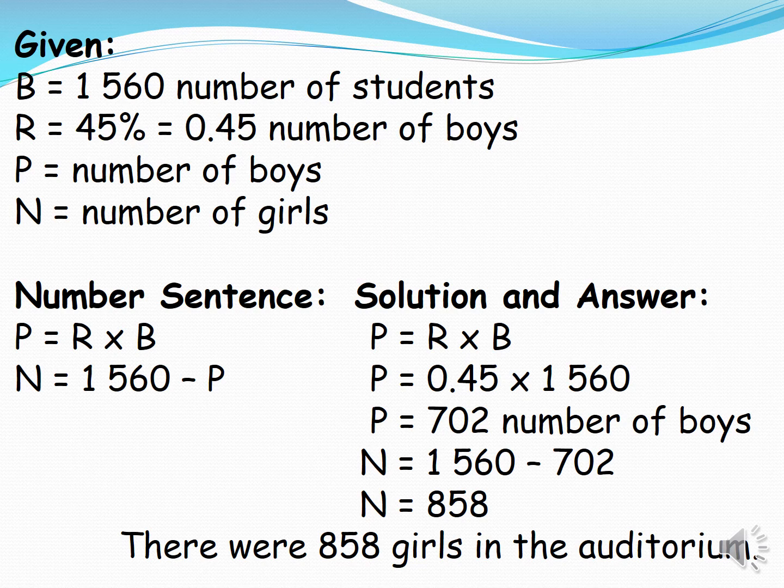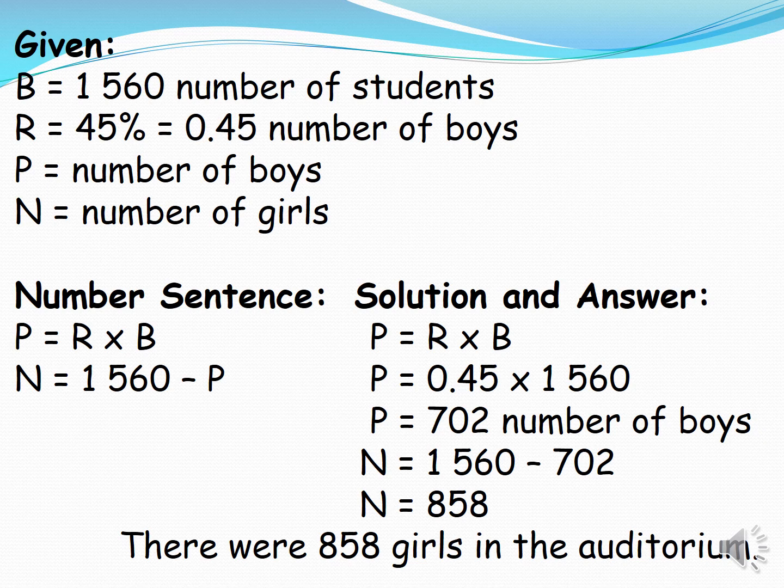So number sentence: percentage is equal to rate times the base, and N is equal to 1,560 minus the percentage. Solution and answer: percentage is equal to rate times the base. So percentage is equal to 45 hundredths times 1,560.